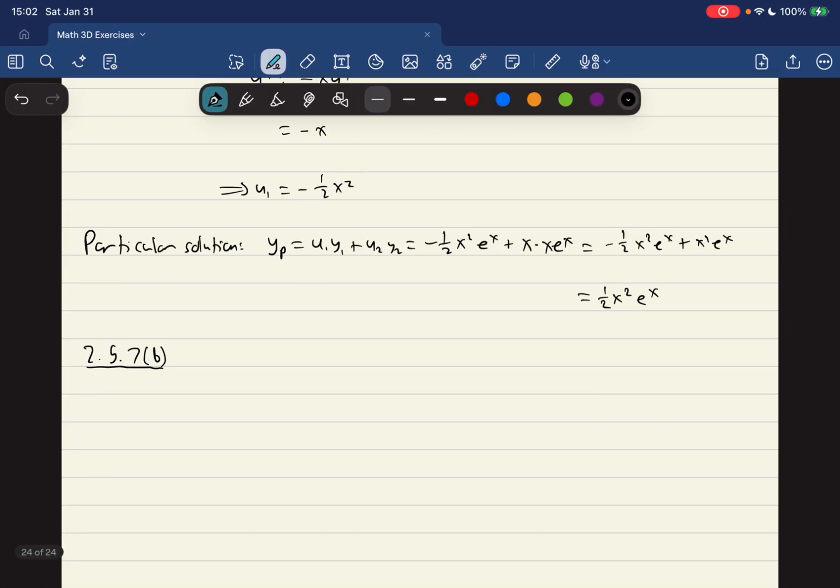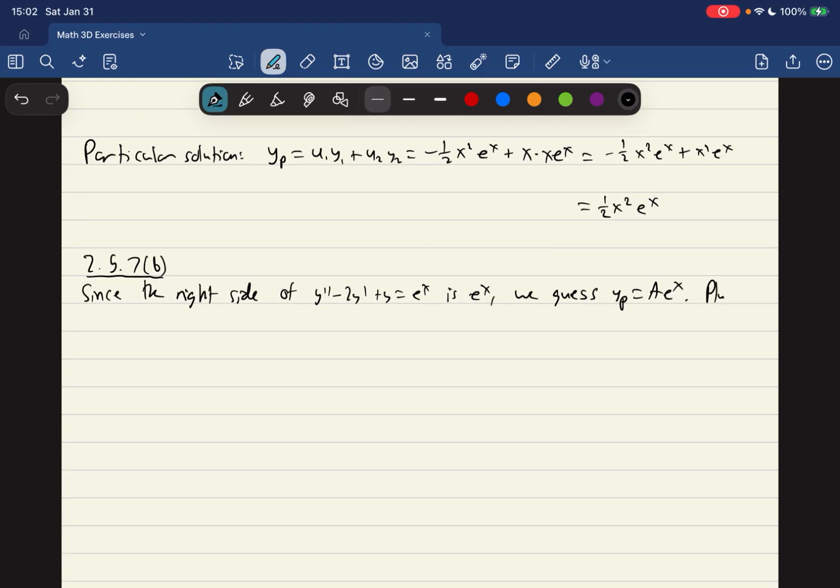And so here, since the right side of y double prime minus 2y prime plus y equals e to the x is e to the x, a first guess for a particular solution y sub p is that we should try some constant a times e to the x.